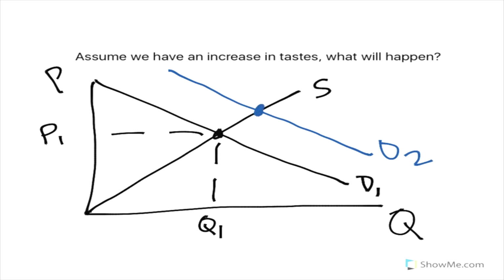This dot will represent our new equilibrium. That would happen if we had an increase in taste. The demand will shift to the right and go up, following the supply line. As we can see with P2, there's an increase in the price. And if we look down at quantity 2, we also see that there's an increase in the quantity.